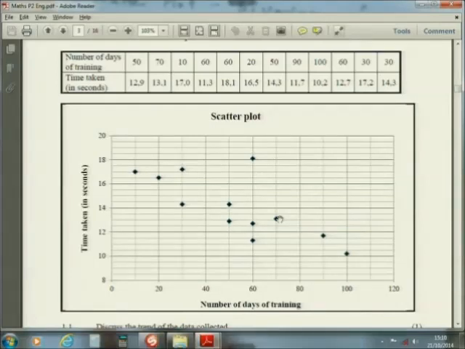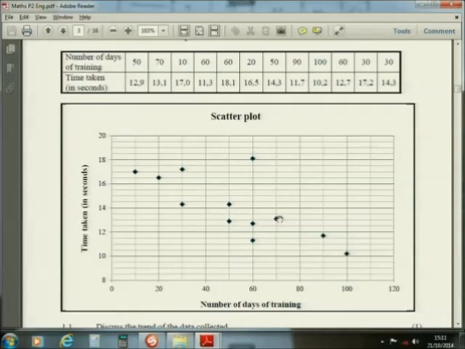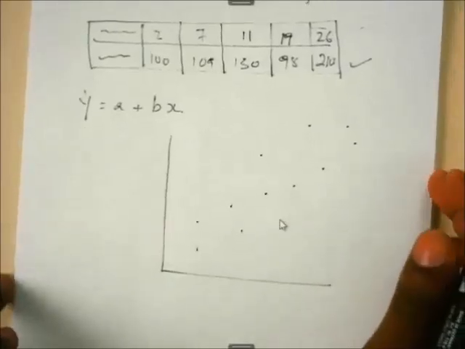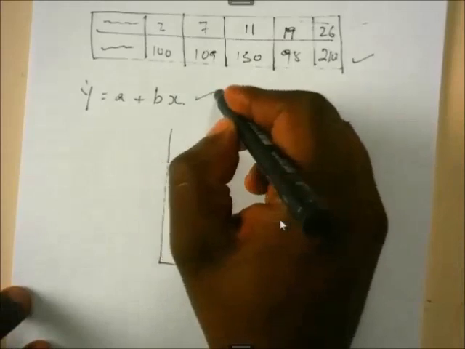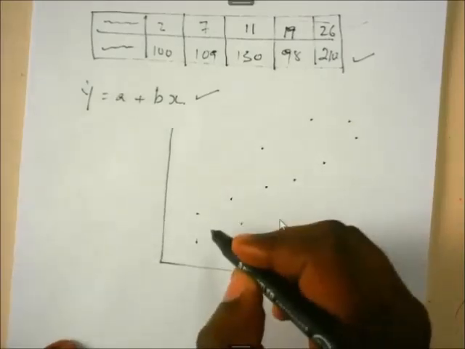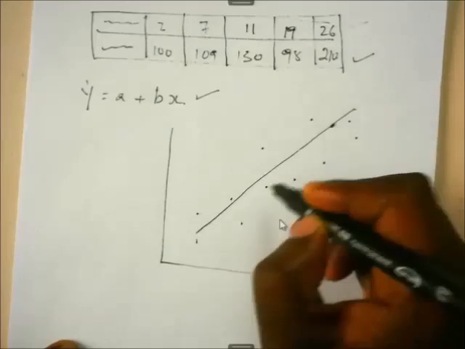Once you have drawn the points, you need to be careful: the question after plotting the points will ask you to find the equation of the least squares regression line first, and thereafter will ask you to draw the least squares regression line.